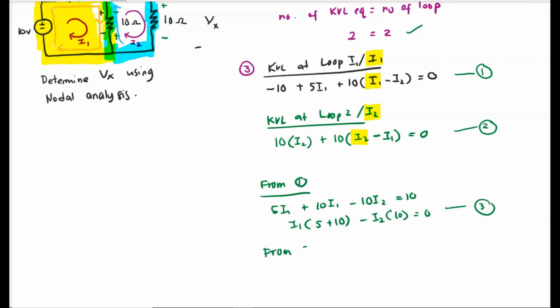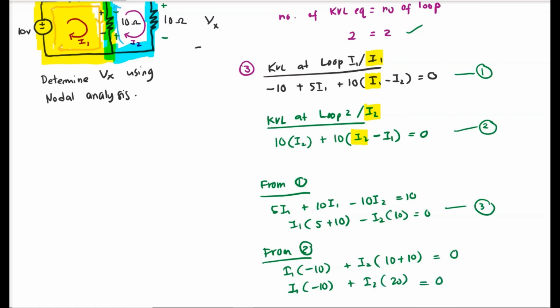So from equation 2, I1 times minus 10 plus I2 times 10 plus 10 equal to 0. So I1 times minus 10 plus I2 times 20 equal to 0. This equation will become equation number 4.